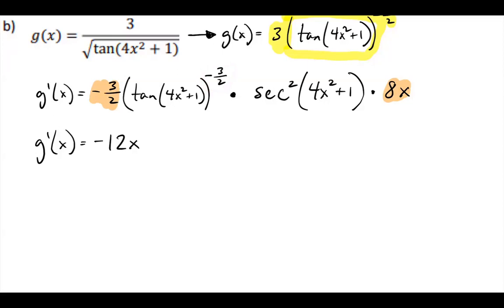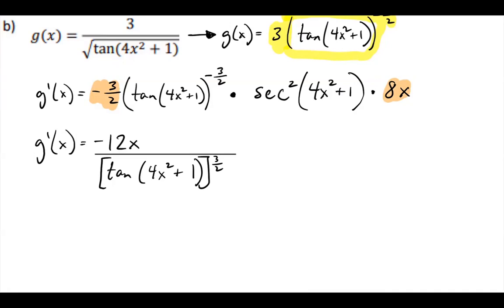This guy here needs to move to the bottom, so I'm going to have a denominator: tangent of 4x squared plus 1, to the 3/2 power.